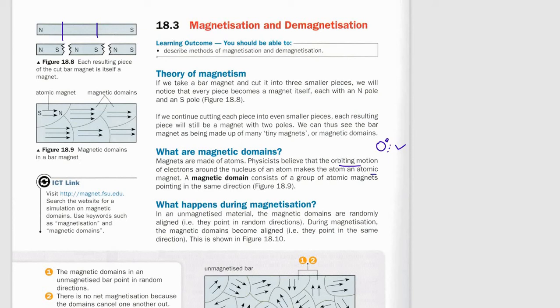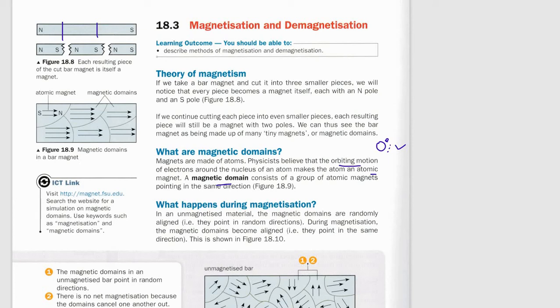This is called an atomic magnet. So we have to look at the magnet zoomed in. When multiple atomic magnets have the same direction, that is called a magnetic domain.